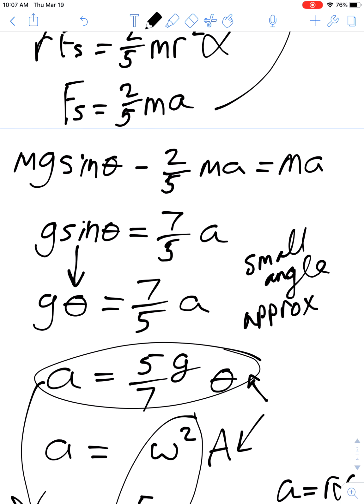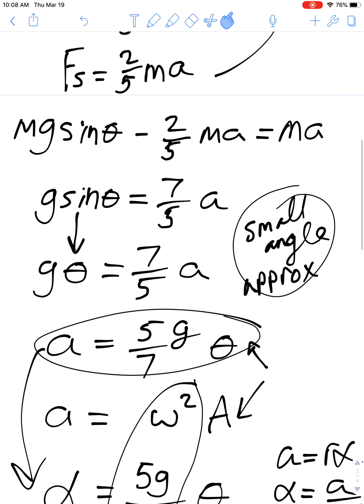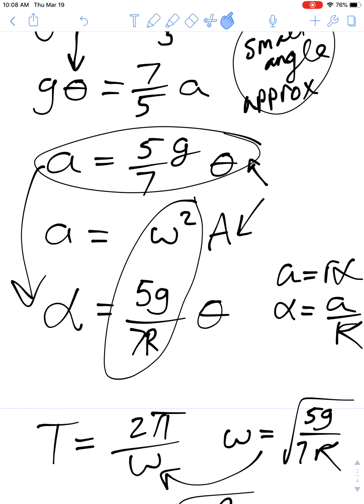With that in mind, once we had our small angle approximation, we recognized, and again, I'll have to go back and convince myself of why this is true, that we have to compare the pendulum's angular acceleration and its angle theta.